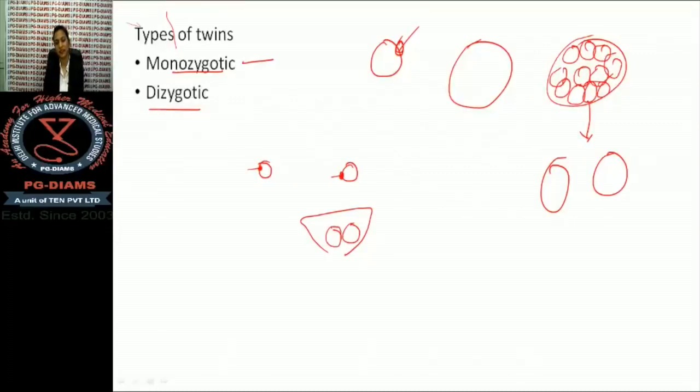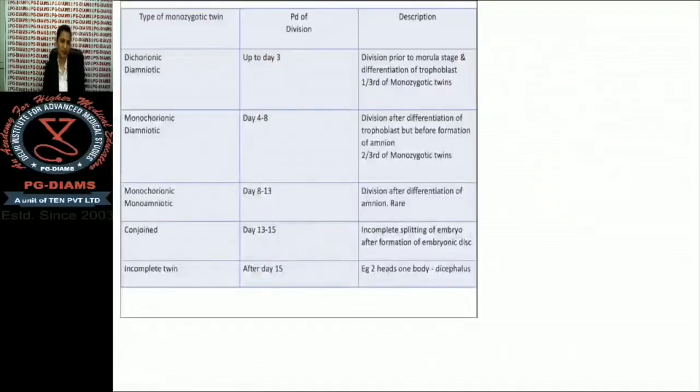It is just like 2 siblings temporarily growing at the same time in the mother. So these are dizygotic twins. Dizygotic twins can be of the same sex or of different sex, but monozygotic will always be of the same sex. Now, depending on at what period of gestation and at what stage of development this embryo divides, monozygotic twins can be further classified into various types.